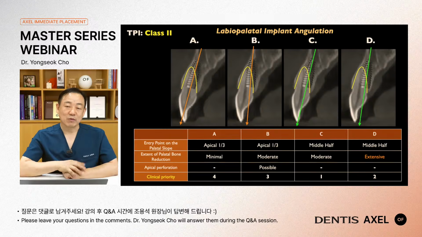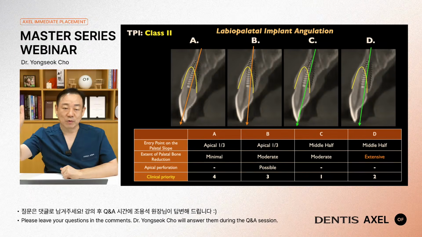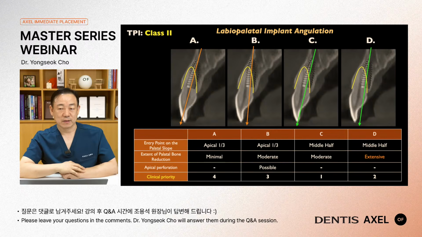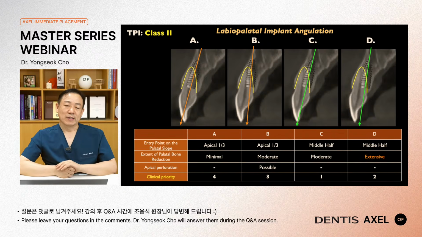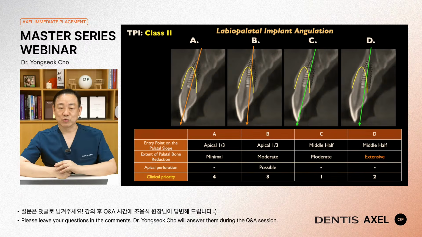If you want to do that, you must reduce the palatal bone very much. Then the accessor will be toward the cingulum. This is the second choice, the alternative choice. So do not try to aim the screw at the cingulum in class 2 TPI.